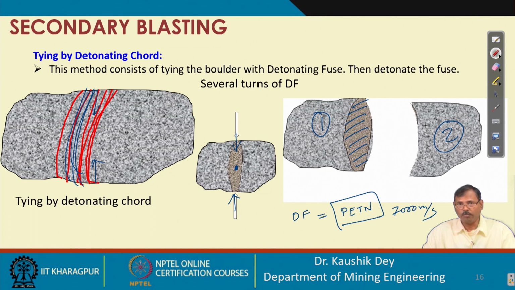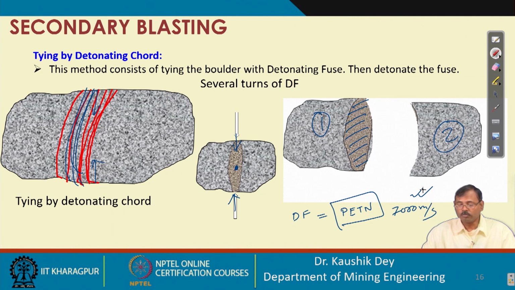But one very serious drawback is associated here: it generates huge noise, because the detonating fuse itself has a VOD of 7000 and the complete detonation process occurs in the air medium only. So huge noise and air overpressure are generated. It should not be carried out when anyone is nearby or there is nearby inhabitancy.